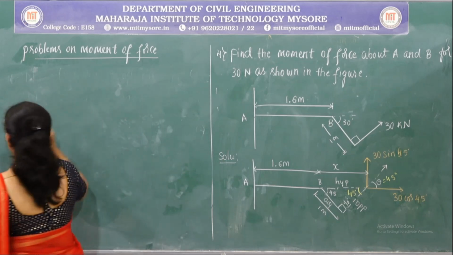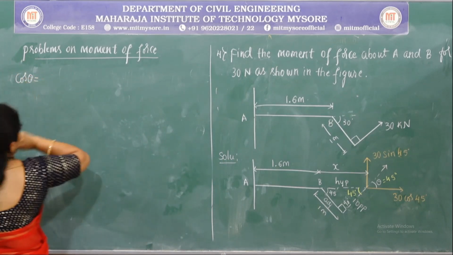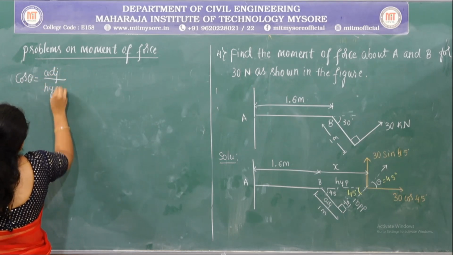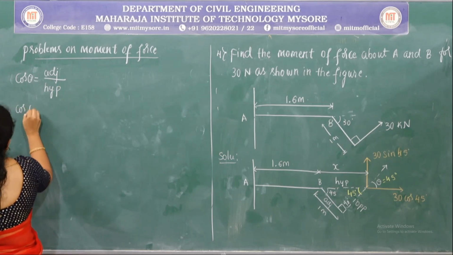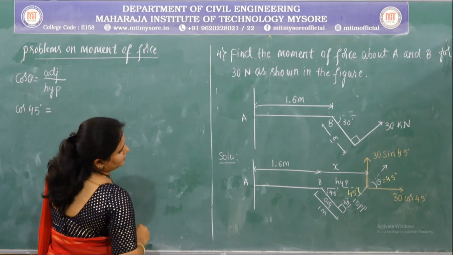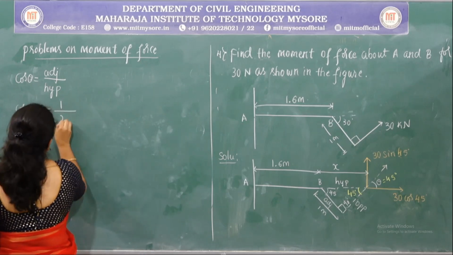If you consider cos theta, the function of cos theta is adjacent by the hypotenuse side. So we know that cos 45 is equal to the adjacent side, 1 meter, and hypotenuse is x.